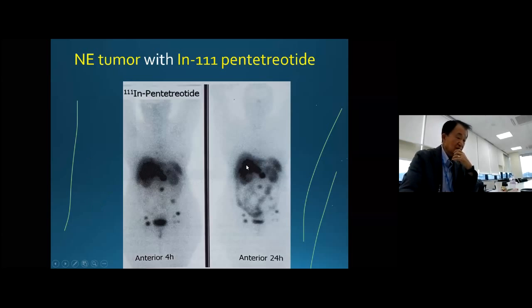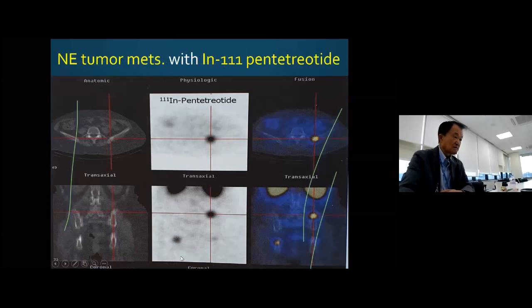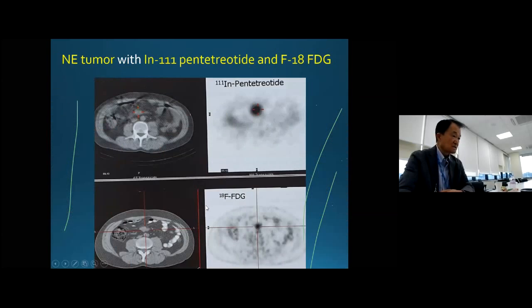In planar imaging you may not see them, but SPECT or PET usually shows tiny multiple lesions. Here is the retroperitoneal area, or here in the abdomen, gut, all the places. Sometimes in the bone. So they involve every organ.